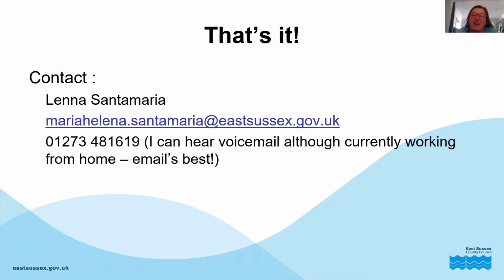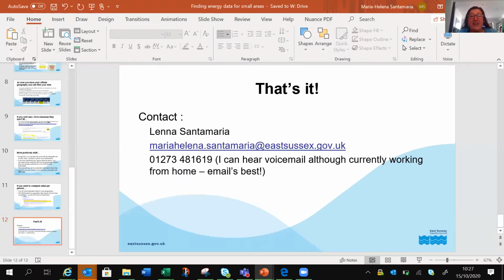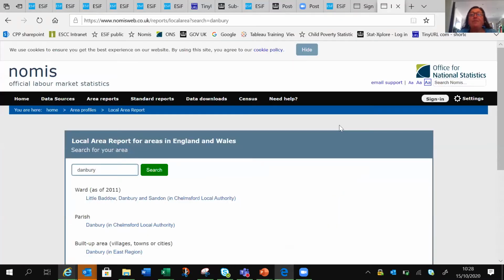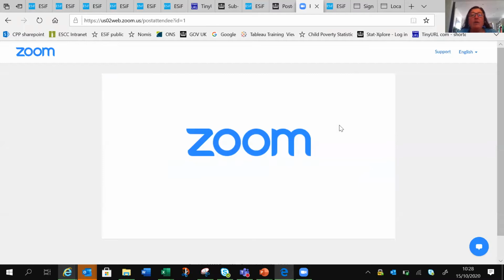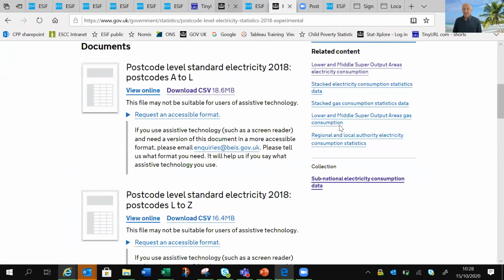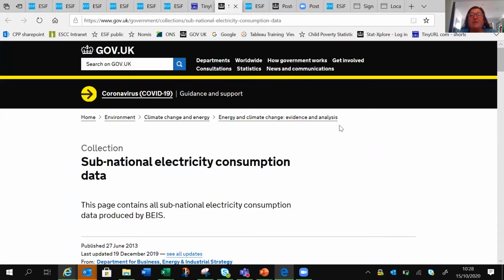The only data that's currently available at small area level like that is the base data that comes from the Business, Energy and Industrial Strategy people. That is the subnational electricity consumption data.